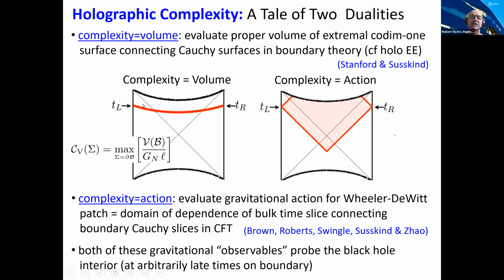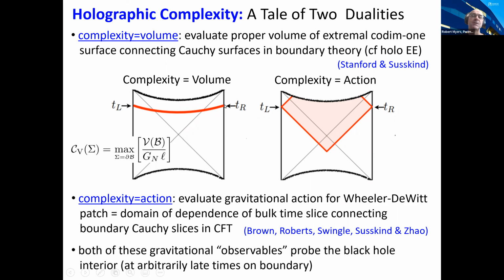There, in the case of my eternal black hole, I pick time slices in the boundary, and I've got a state that I can imagine is evaluated on those time slices.